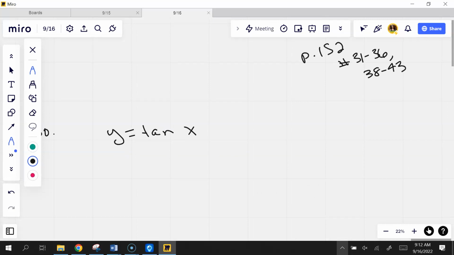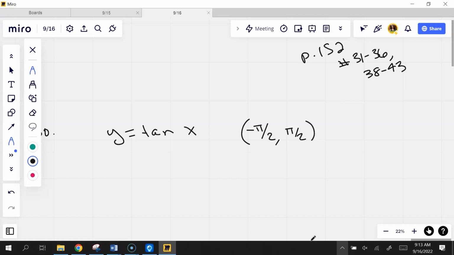Y equals tangent x on the interval from negative pi over 2 to pi over 2. So on the right hand side of the circle, from the bottom up to the top.